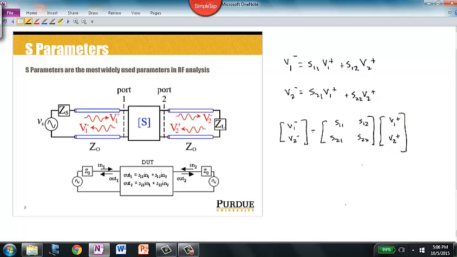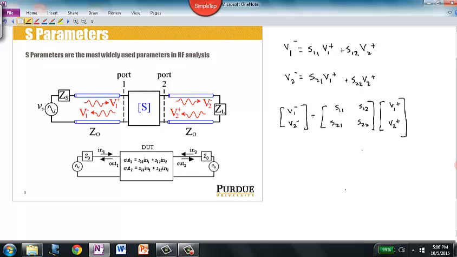We can see from this matrix description that the definitions of the individual S parameters are a fraction of the voltage wave that enters a port J that exits at port I. So i.e. S11 represents how much of a voltage wave entering port 1 exits at port 1.